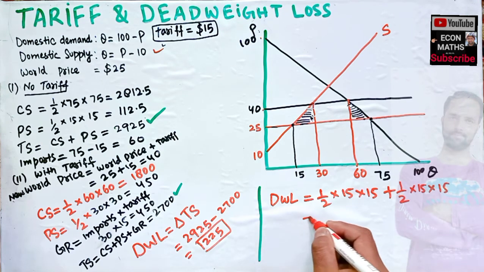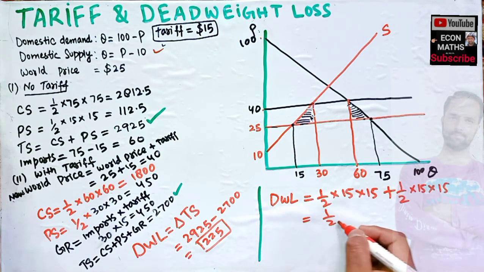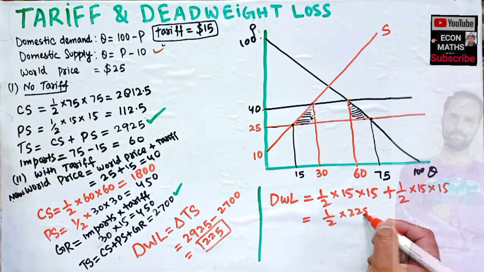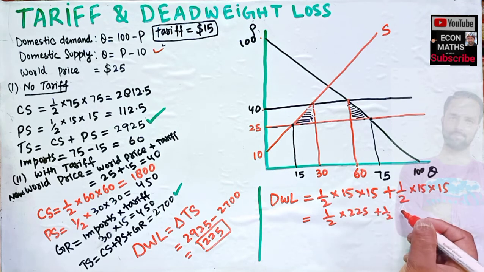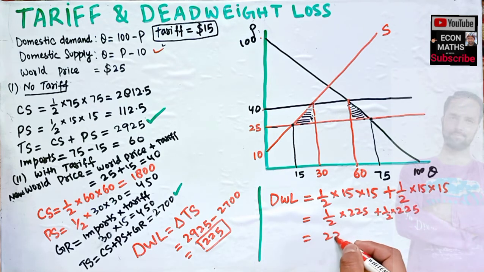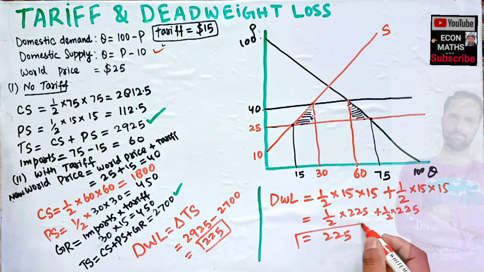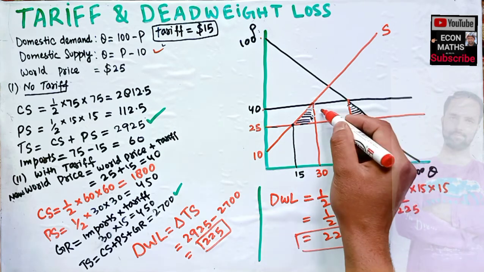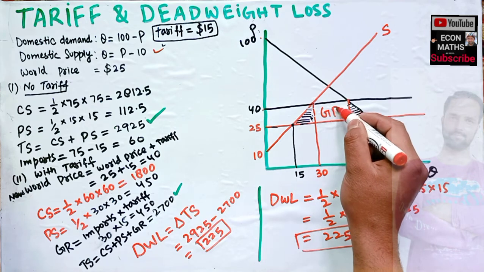So this comes out to be 1/2 of 225 plus 1/2 of 225, which gives us 225. If you calculate like this, you can also see the deadweight loss being created. And this denotes the government revenue.